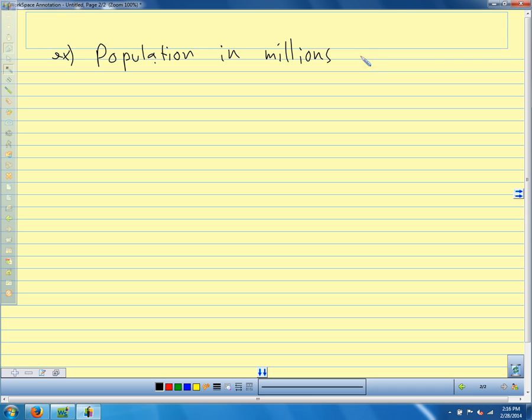And it's modeled by this function y equals 1.8 e to the 0.026x. And where x equals 0 is the year 1980.